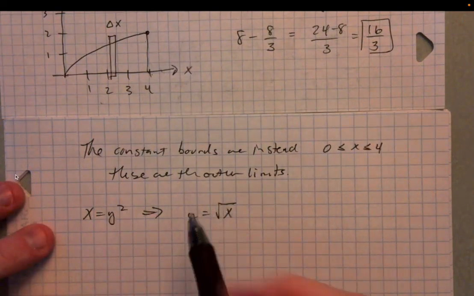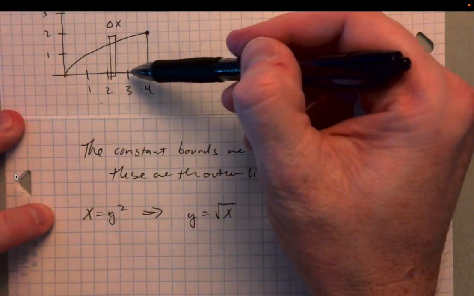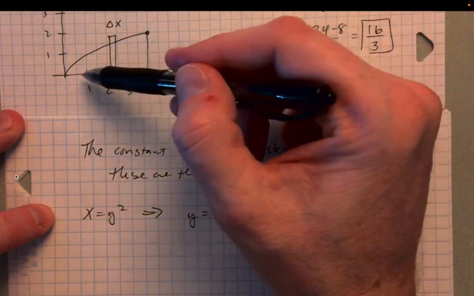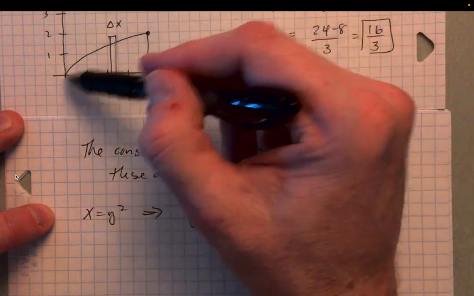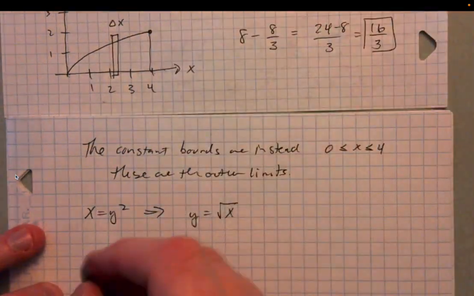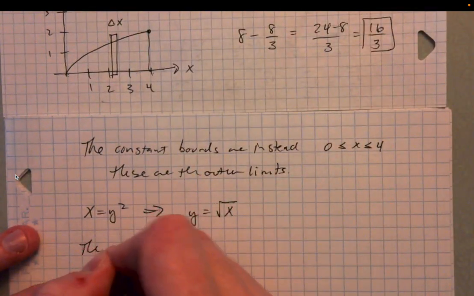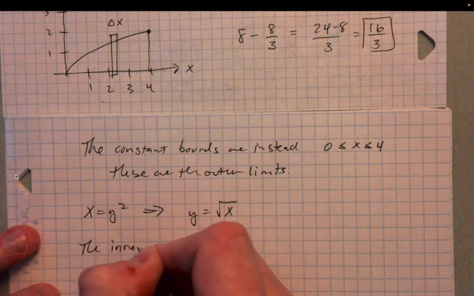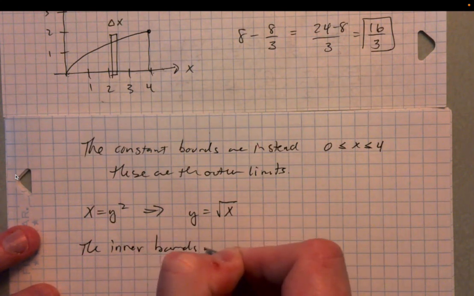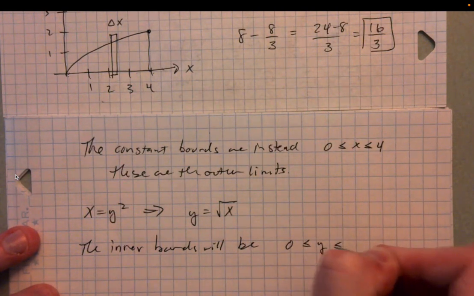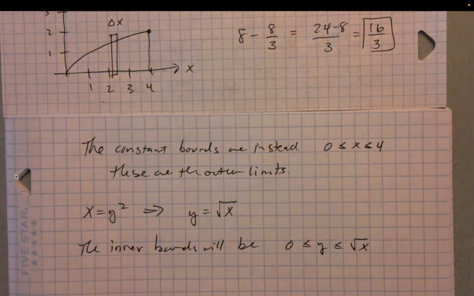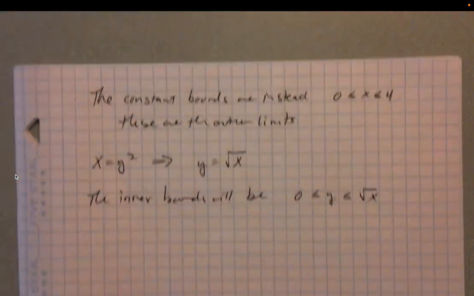So y is going to be between 0 and this function, y equals the square root of x. So the inner bounds is going to look like that.